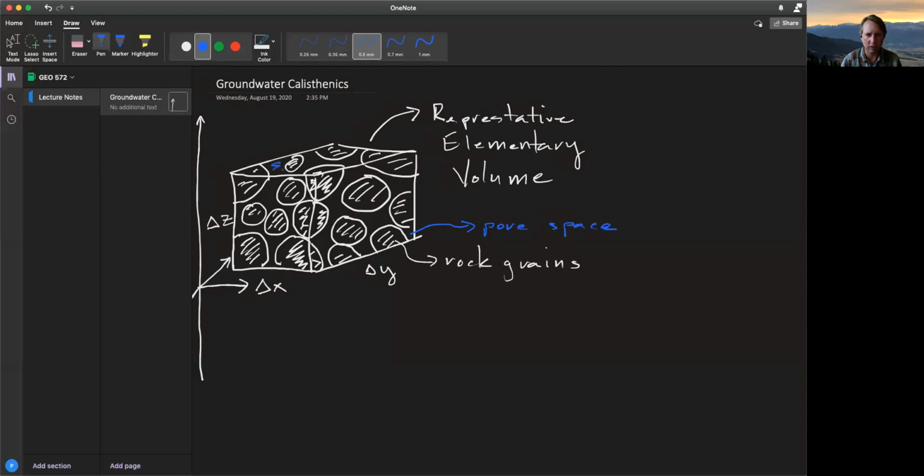And we're going to consider porous media that has a mixture of water, so some of our pore space is full of water, this is water, and some of our pore space is full of air.